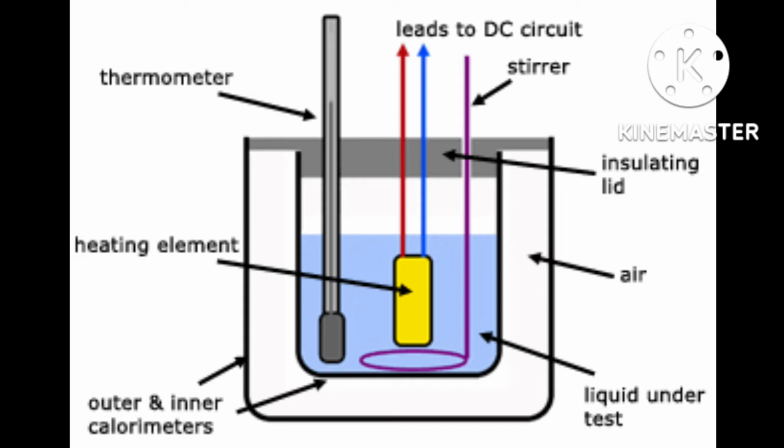Now, how will you determine the delta H? Here also the same instrument will be used, because delta H is related to constant pressure. Then you have to make the system such that the pressure is constant, meaning you are going to do the experiment at atmospheric pressure.